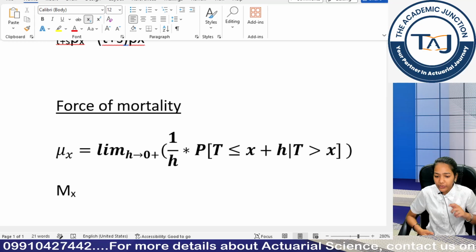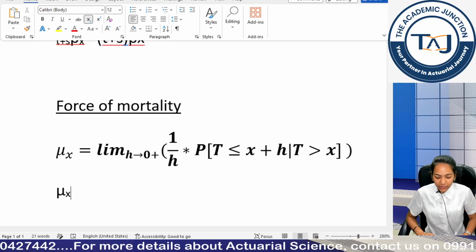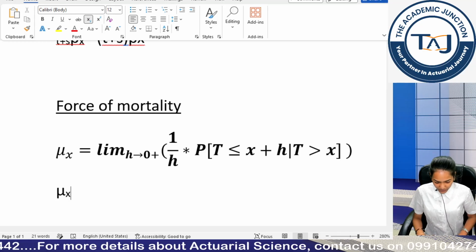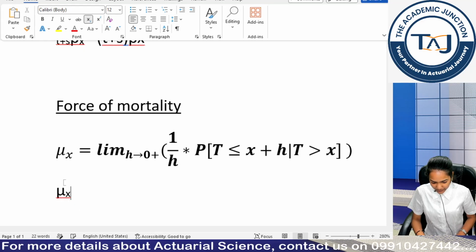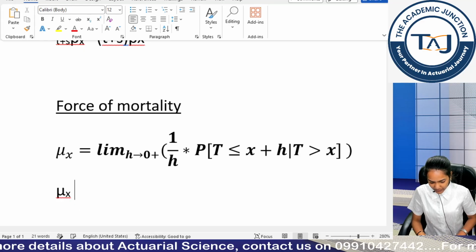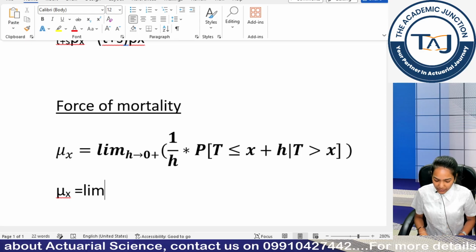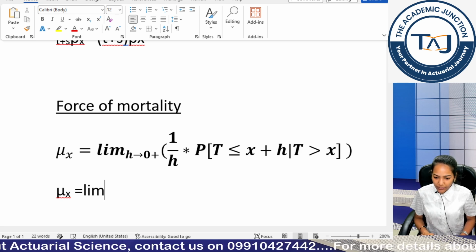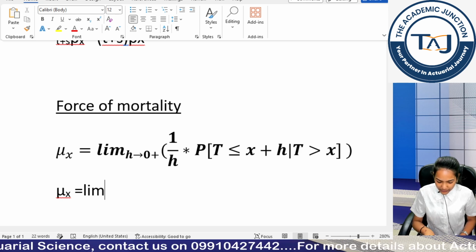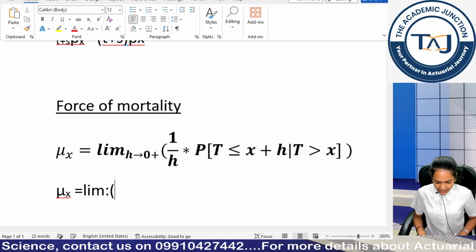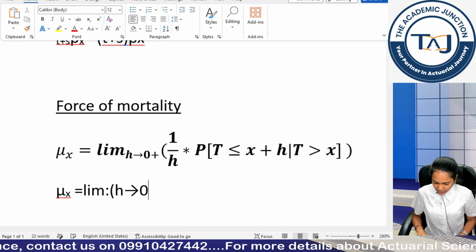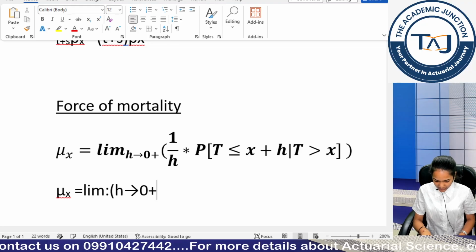So I'll hit Control Z. Remember the shortcut to undo a command. Then it's Control Shift Minus, again coming back to the normal script, is equal to lim for the limits, and then I want to come to the normal script, or you can do limits from Control Z, h tends to 0 plus or 0 minus.